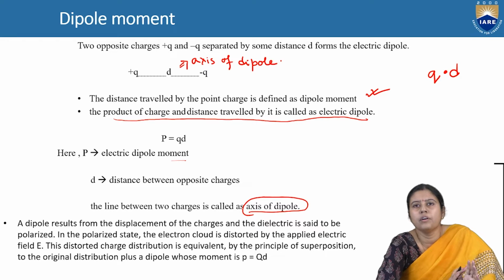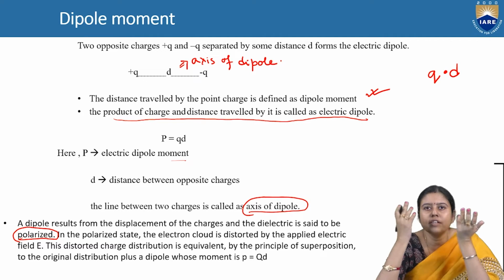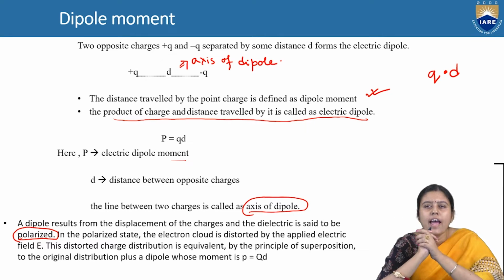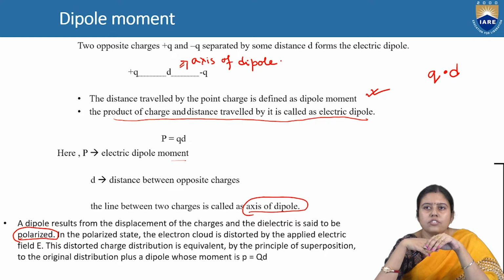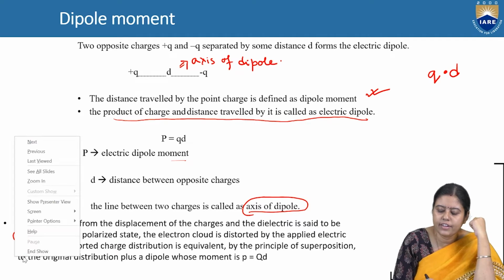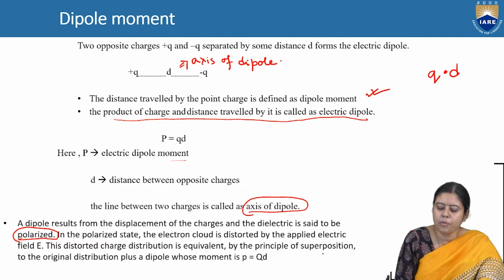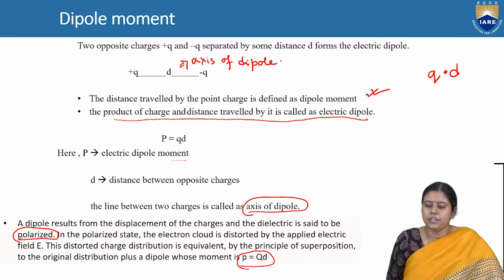A dipole results from the displacement of the charge, and the dielectric is then said to be polarized. What is the meaning of polarized? Polarization results from the displacement of the charge in the dielectric. The electron cloud is distorted by the applied electric field E. The distorted charge distribution is equivalent, by the principle of superposition, to the original distribution plus a dipole whose moment is P equal to QD.